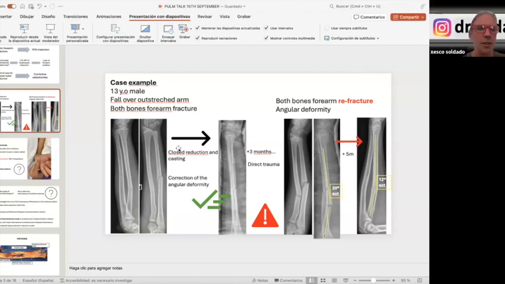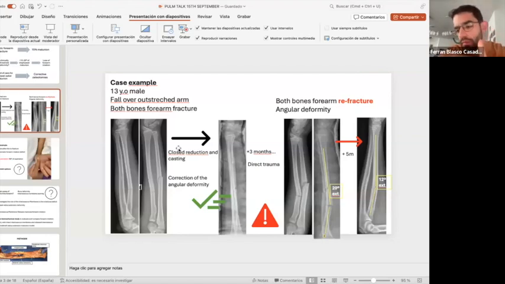Okay, so let's go. Sorry, there's one missing question about Campbell 1 that says the majority of the interosseous membrane is tight in supination. Yes, I answered that. I don't think this is as certain as it was, because there is literature that says it's also tight in neutral position and also in slight pronation.